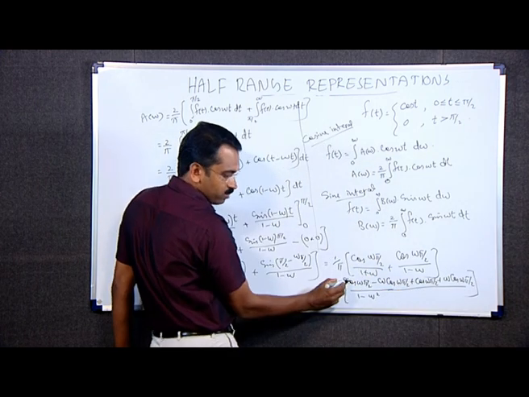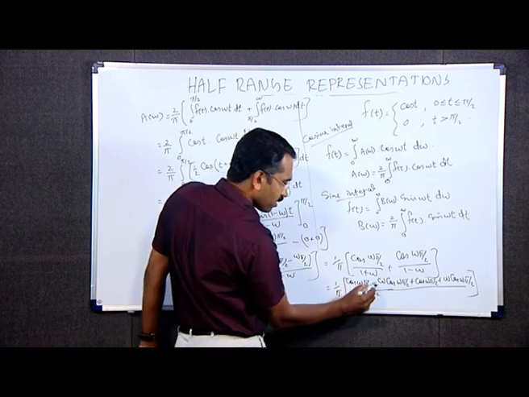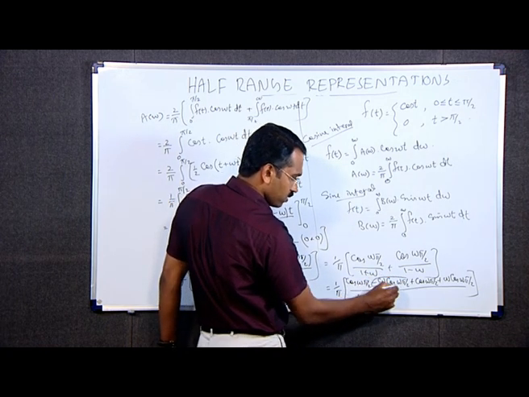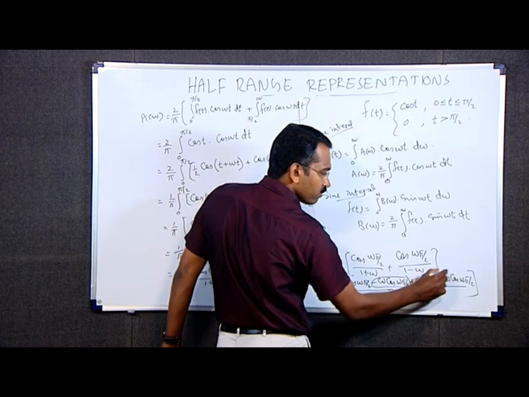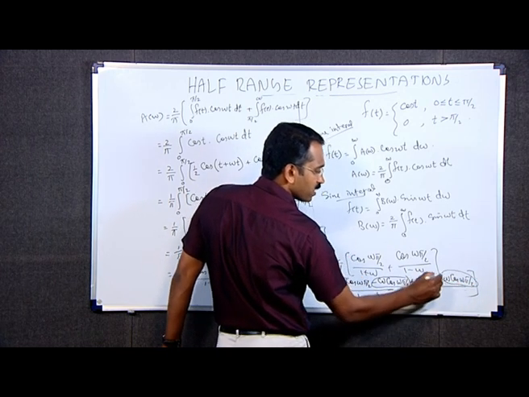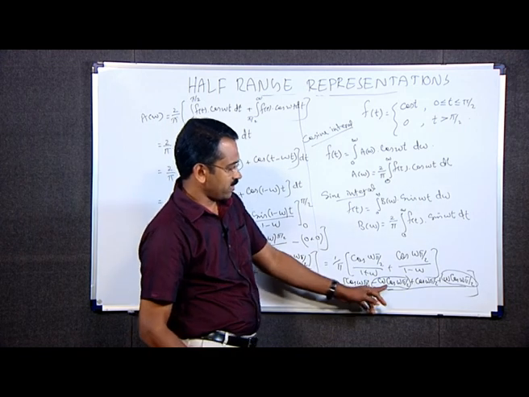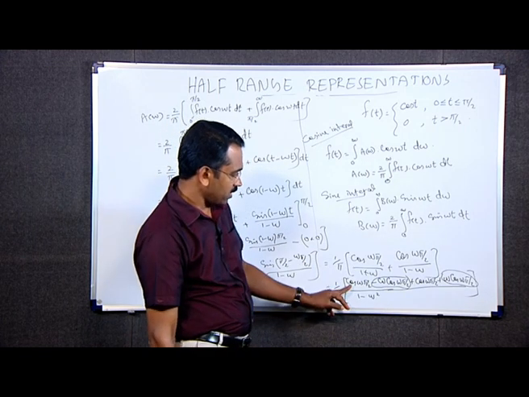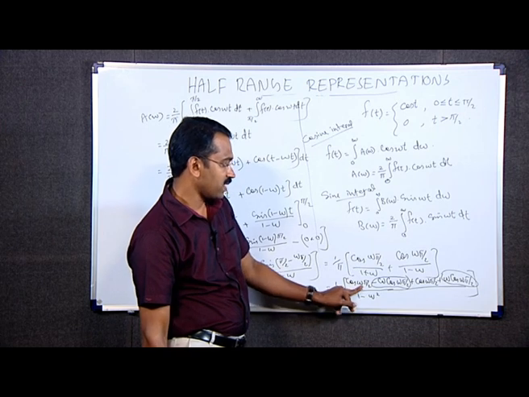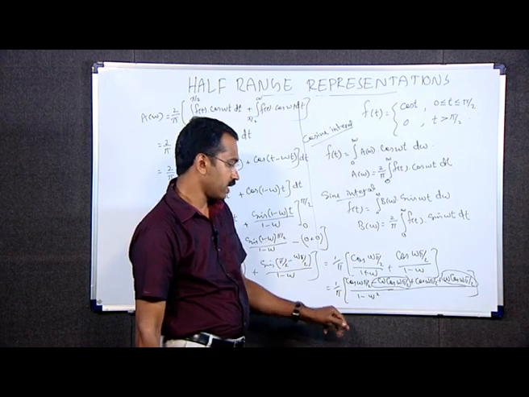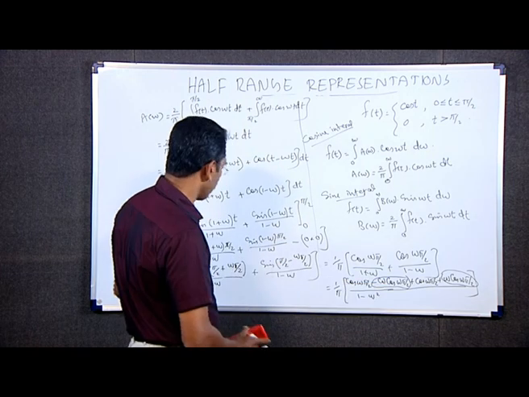That is in the numerator here minus omega cos omega pi by 2 and here plus omega cos omega pi by 2, which will be cancelled, and the remaining is cos omega pi by 2 plus cos omega pi by 2 means 2 times cos omega pi by 2.